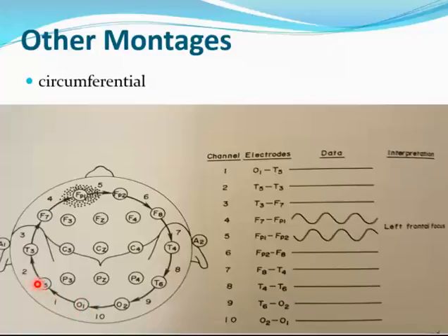Next one is T5, T3, F7, FP1, FP2 as you go around the circumference of the head. And the record is schematically shown in the column labeled data, which is right here, and is interpreted as showing a left frontal focus right here. That's where the lesion is.